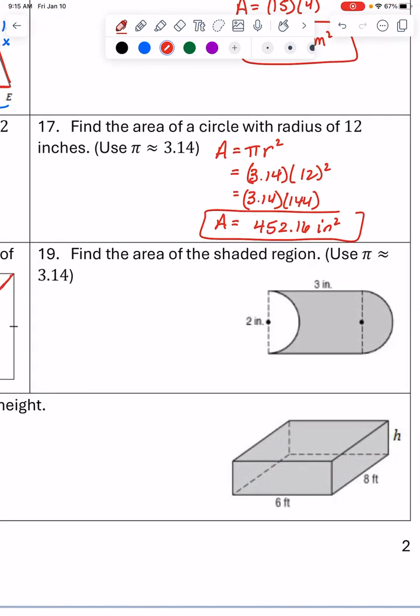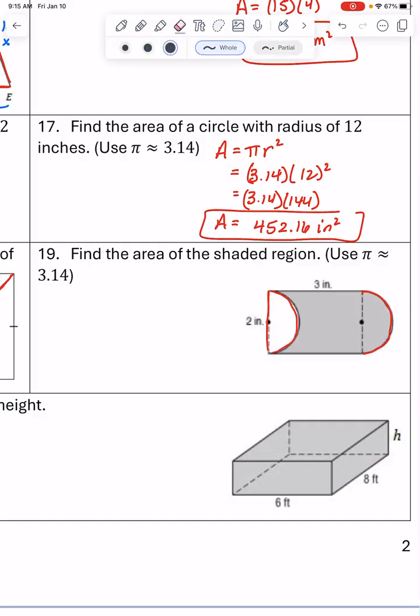Find the area of the shaded region, use pi is about 3.14. So this one, you can make it super complicated, or if you look at this and you think about, well, this shape right here, this little semicircle, half circle, is the same as this, right?